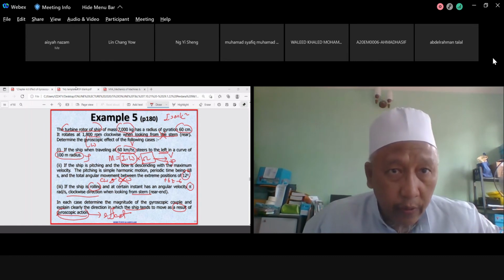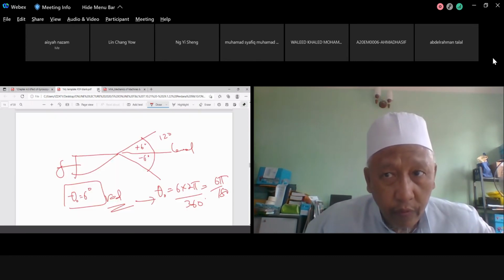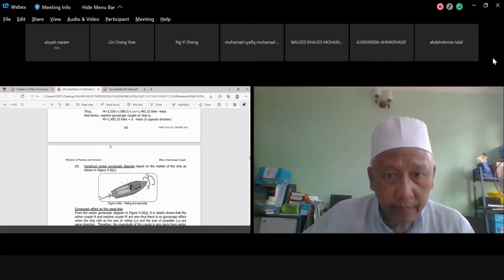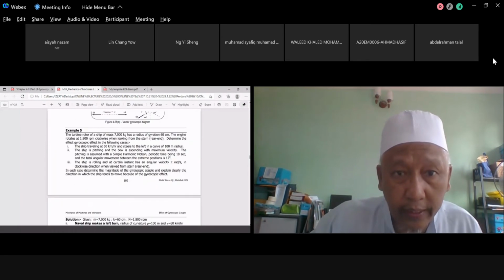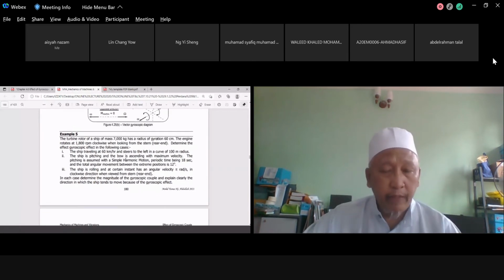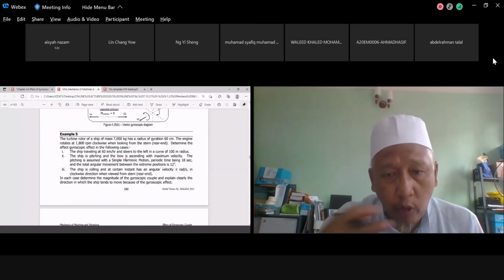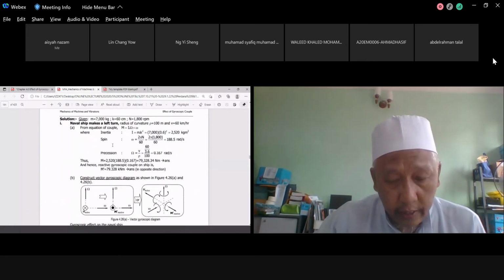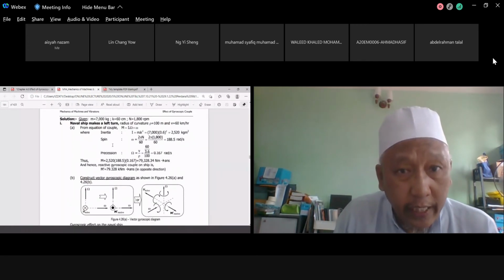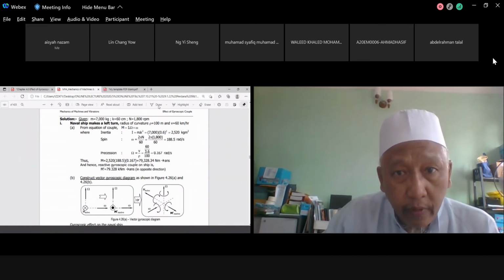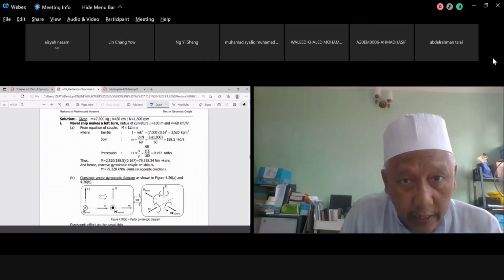Okay, now I'm going to move to your solution. Very quick one. The next example will be done when we have completed the whole thing. So look at here how the solution is explained. First is due to the motion, the left turn.